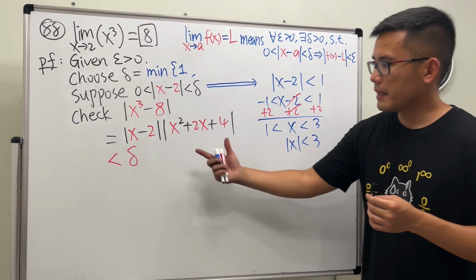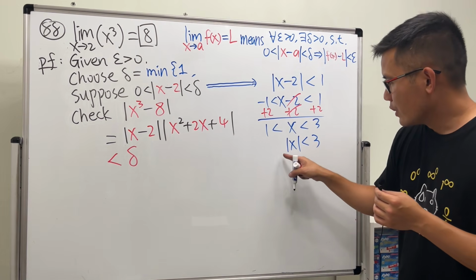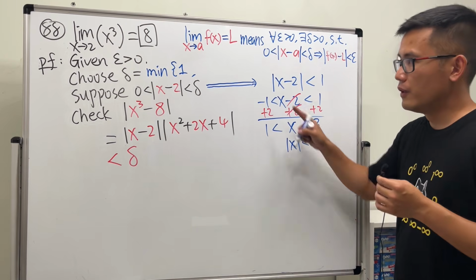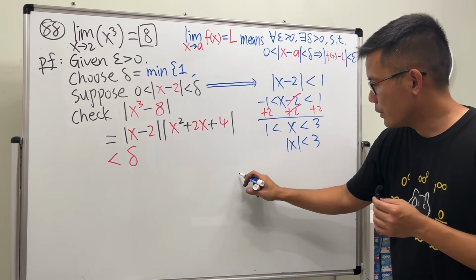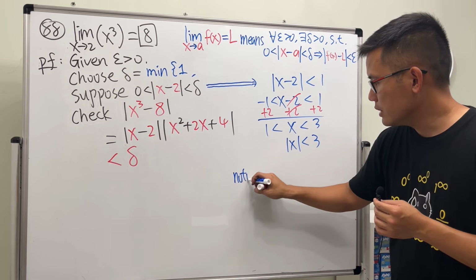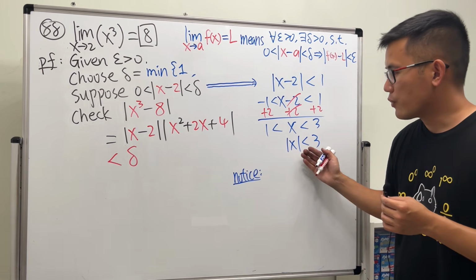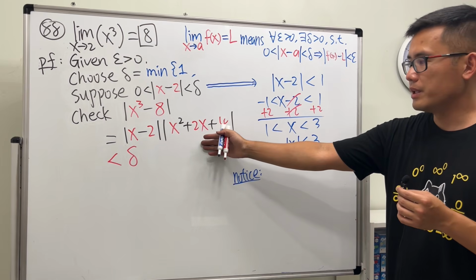Now, here is the deal. We have this condition. Thanks to that, and we want to see this. So I will just tell you guys that, notice from here and there, we are going to make a connection.